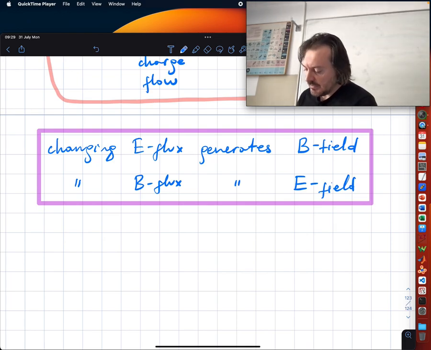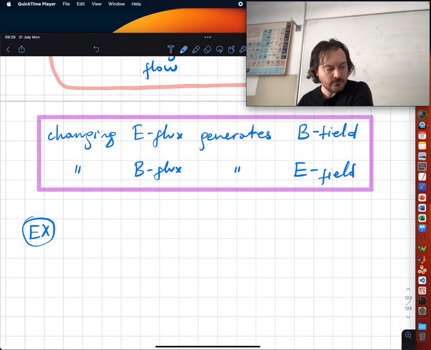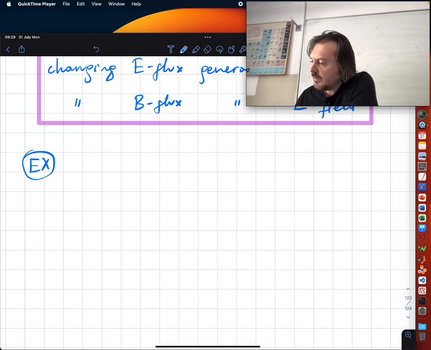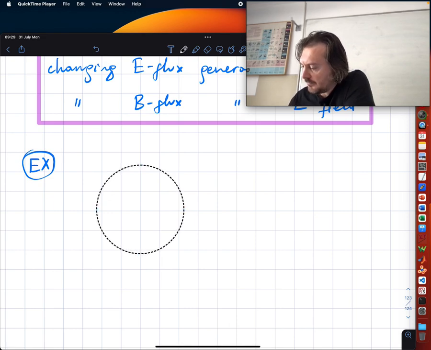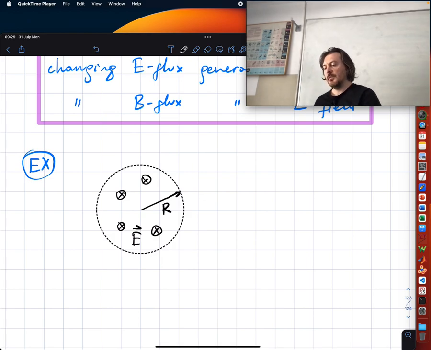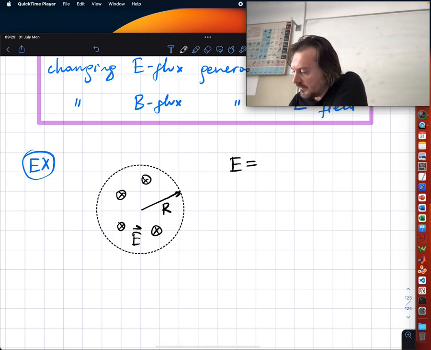Exactly. So let me give you an example. I have a region that has a radius of R, and there is an electric field pointing into this region. This electric field is changing.